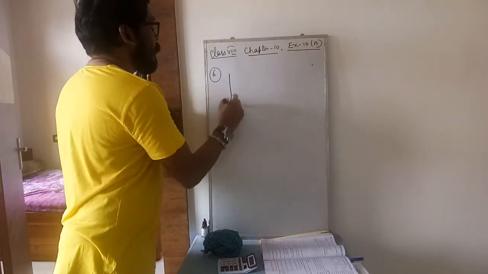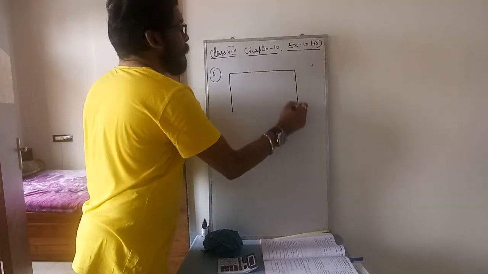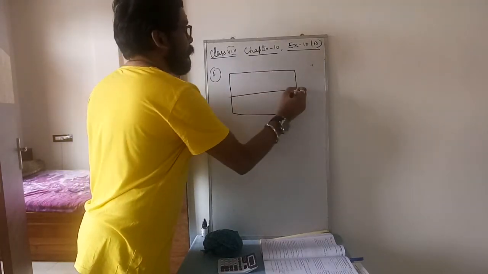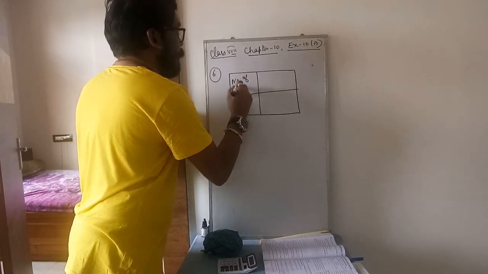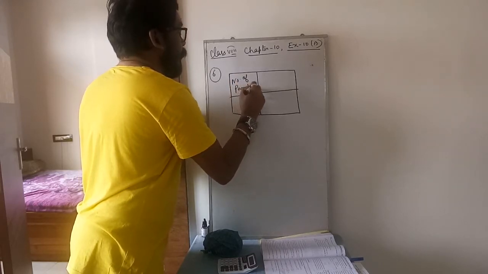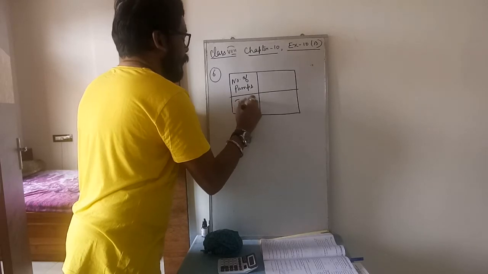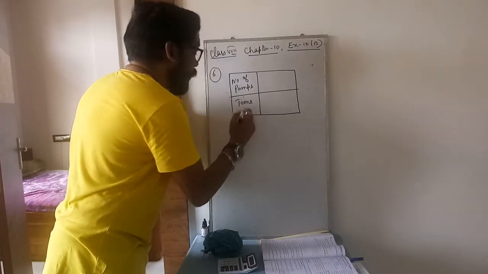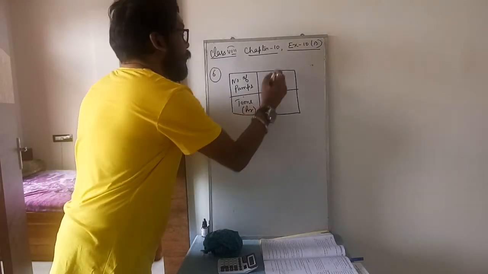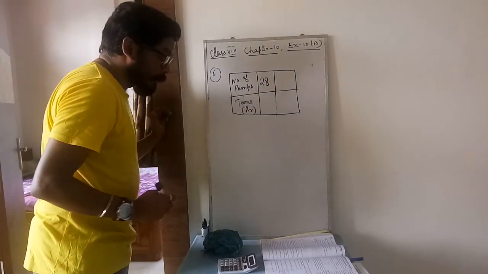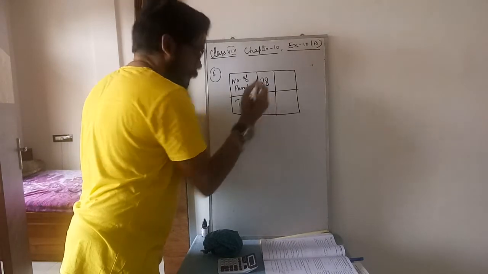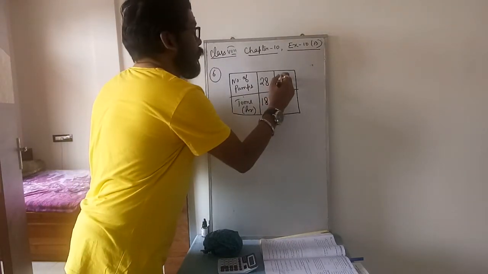So here the table will be, the quantities will be pump and time. So you can write here number of pumps, and here it is time. Time unit given is hour. So in the first case 28 pumps were there, time taken was 18. Now pumps are 42.